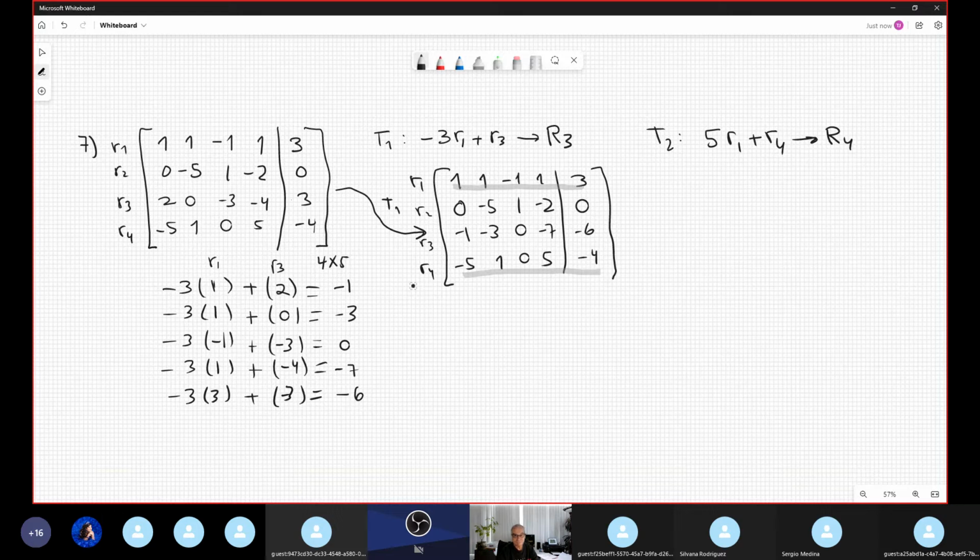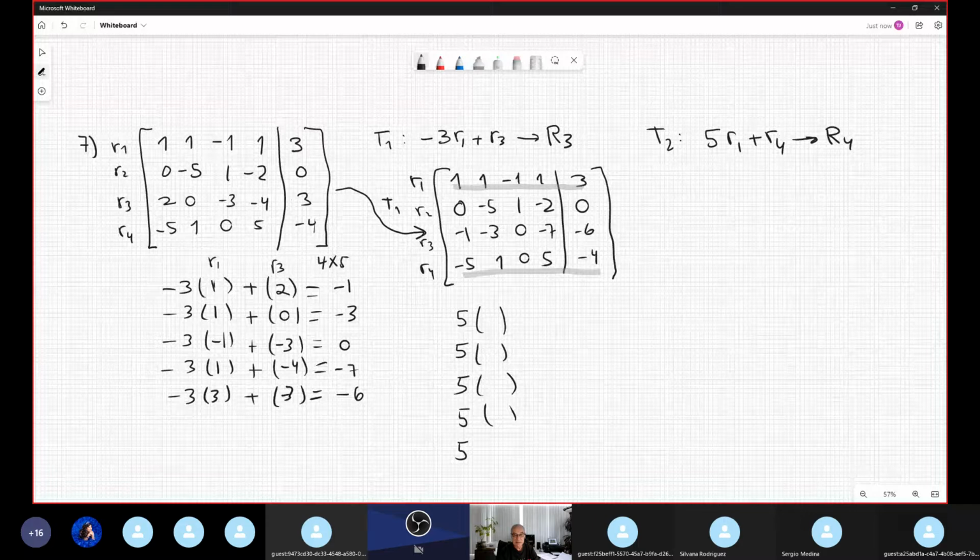So I copy the factor of 5. I copy 5 times 5. It's a 5, 5. Wow, it's amazing. Multiplication by the row 1 again.